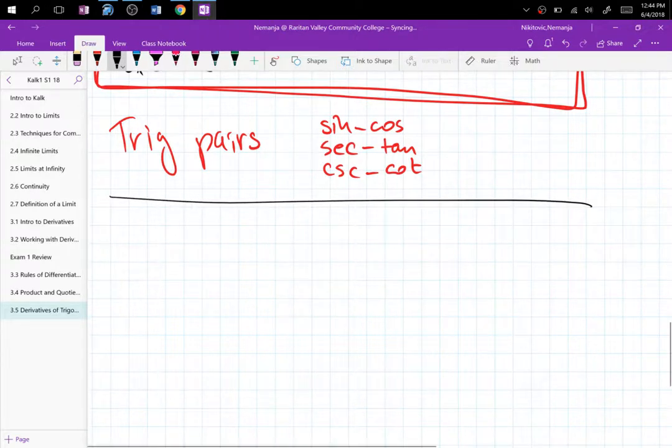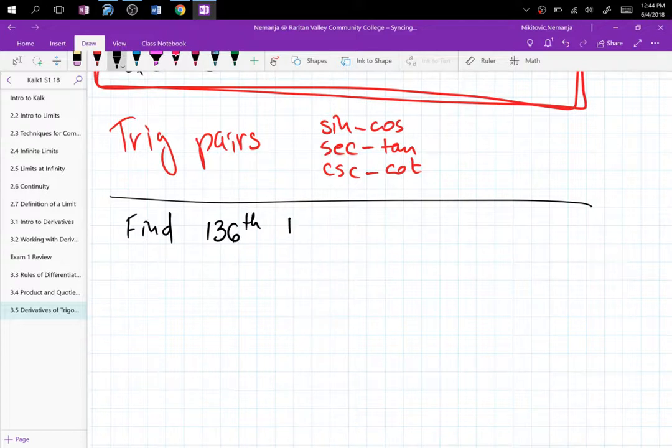Really, but there is something interesting. Let me start there, because we haven't addressed this much. Find the 136th derivative of sine x.